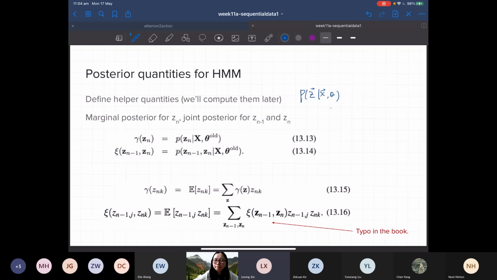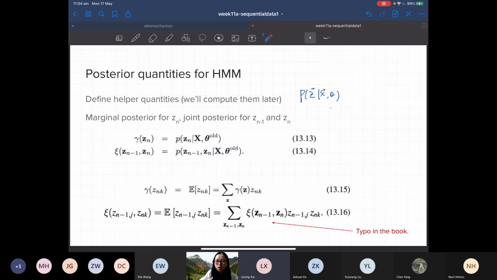Now we break it up, divide and conquer, and compute these gamma terms. They look similar to the gamma terms in Gaussian mixture models. So for each observed X, assume we can compute the marginal posterior, the posterior of Zn given the entire sequence of X and the current theta.